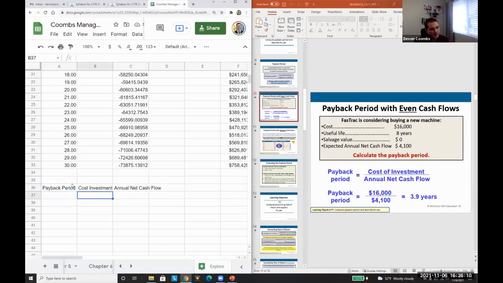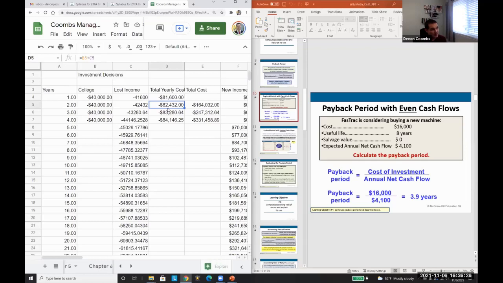The cost of the investment here is 16,000. The equipment is going to give you $4,100 a year. It costs you $16,000. So it's going to take you 3.9 years to make your money back.